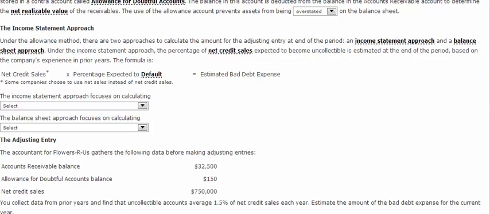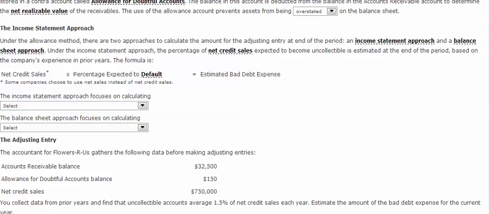Now there's also an income statement approach. Under the allowance method, there are two approaches to calculate the amount of the adjusting entry at the end of the period: an income statement approach and a balance sheet approach. Under the income statement approach, the percentage of net credit sales expected to be uncollectible is estimated at the end of the period based on the company's expected experience in prior years.